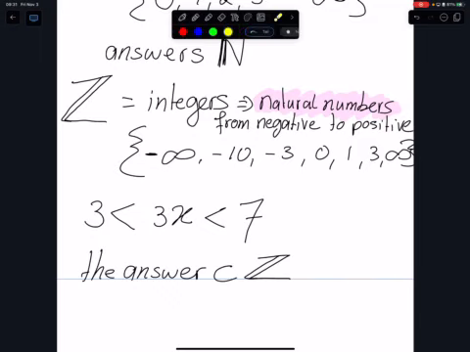So when you have something like this, you know your answer has to be a whole number ranging from negative all the way to positive.